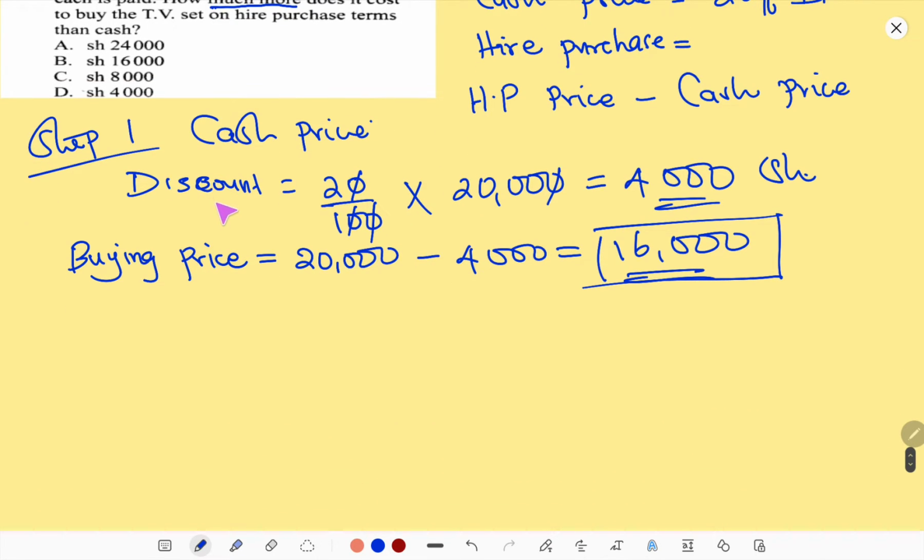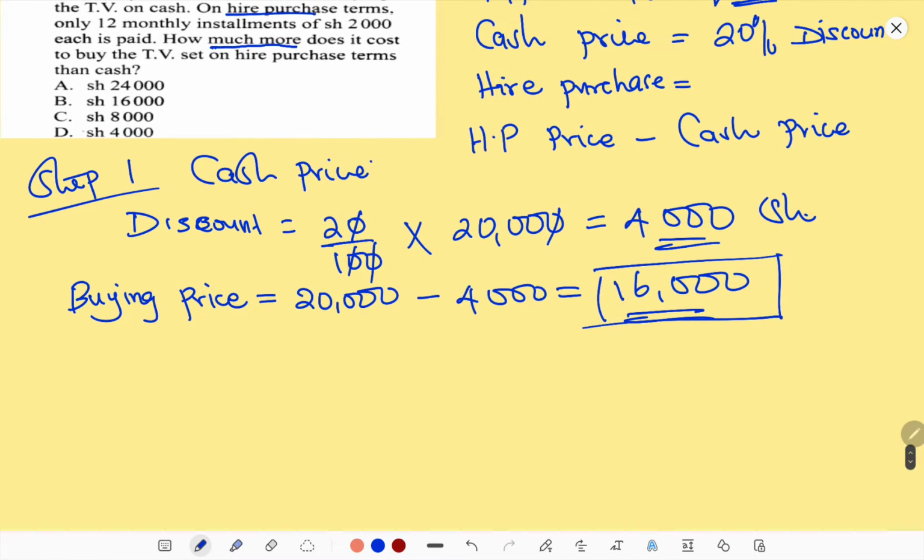Or the other method of calculating discount. And method number 2. So you can choose whichever method you find easy for you.